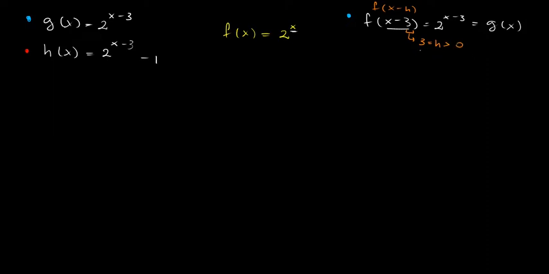So as we saw in previous videos, this is a shift towards the right. So when we try and plot g, all we have to do is shift f 3 units to the right.